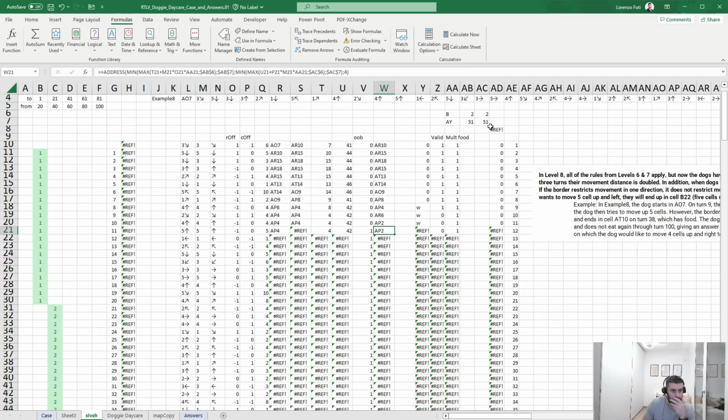Because in this case I have AP4, I want to go 5 up, and correctly I go to AP2. So that's correct. And then let's say if error this, I want this.